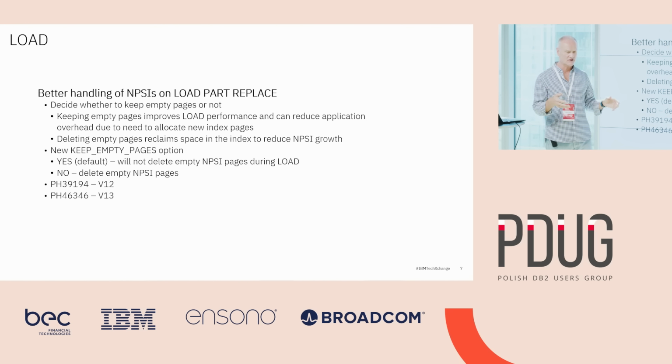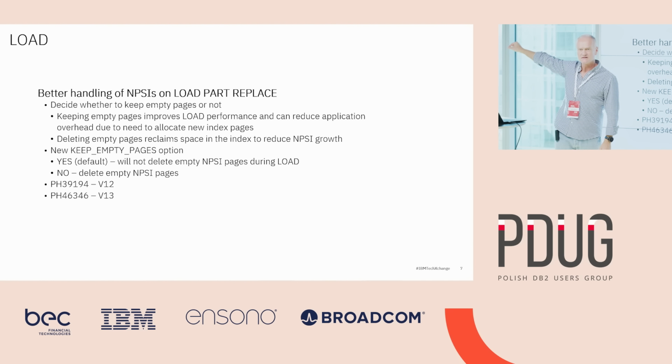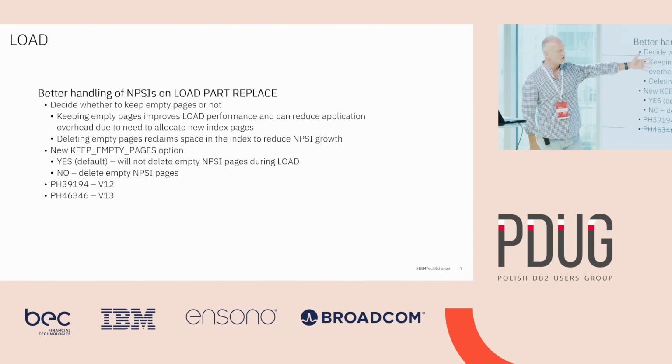So if I've got 1,000 partitions and I'm running load replace against partition 2, the load utility has got to go and delete all the index entries from the NPI belonging to partition 2, because that data that was there is now gone. And when we're doing that, it might be that we've deleted all the index entries in that index page. So the question is, what should we do with that empty index page now?